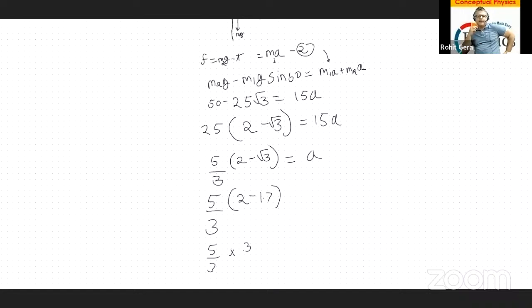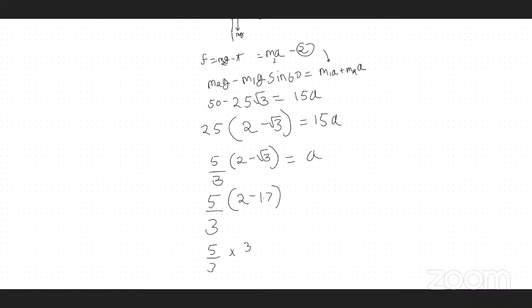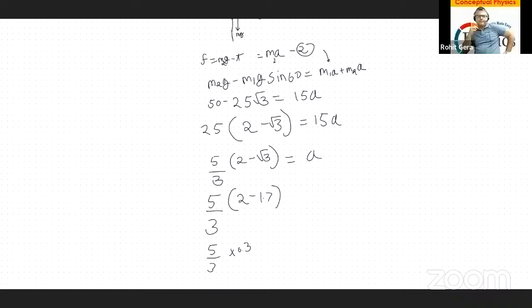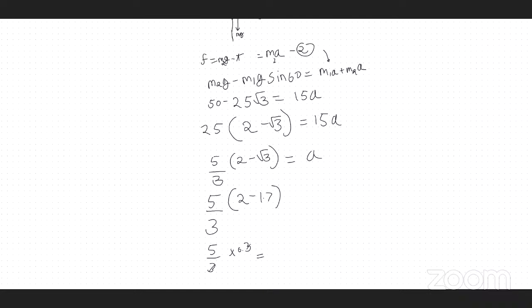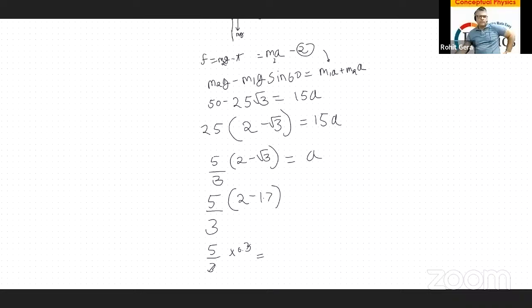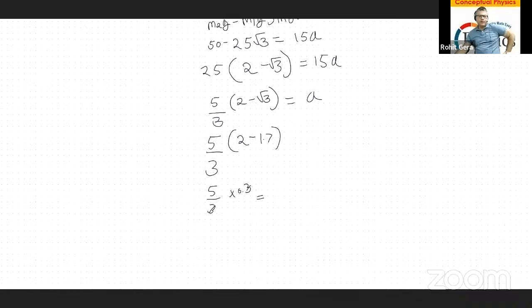So 15 by 30. Right, the 3 is cancelled. Not 0.5? 3 by 30, yes, 0.5.